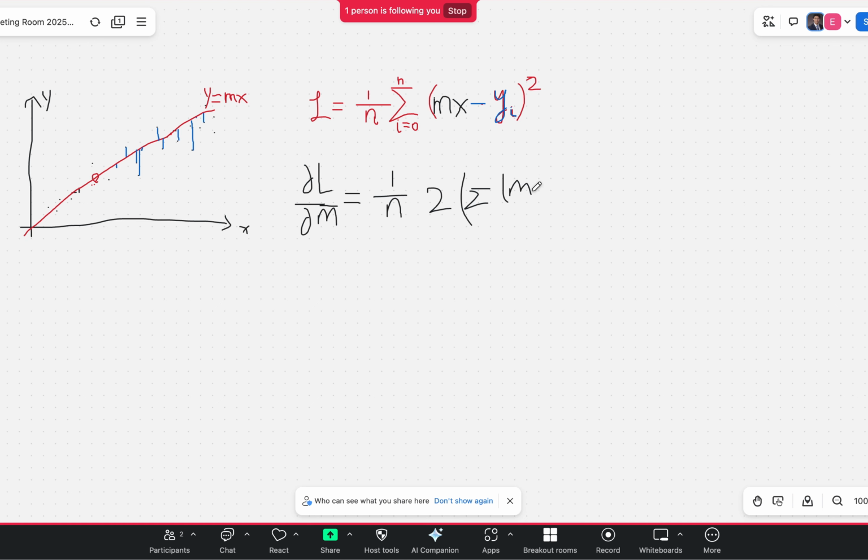So you put the 2 in front, and then 2 minus 1, so to the first power, which is fine. But then remember, chain rule. Chain rule, gotcha. So chain rule, I just take the derivative of this in respect to m, so I'm just left with x. That's going to be my loss, the derivative of my loss in respect to m.